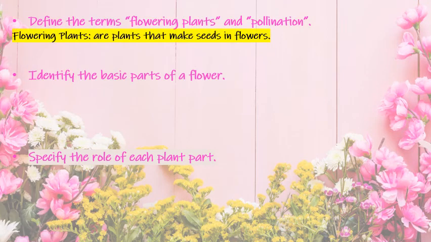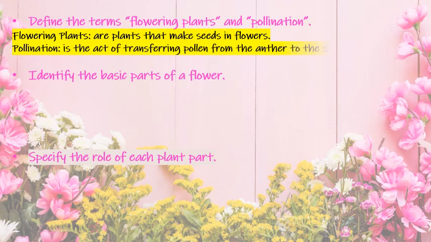So, flowering plants are plants that make seeds in flowers. What about pollination? Pollination comes from the word pollen. So, it's when the pollen flies or goes from the anther to the pistil or to the stigma. So pollination is when the pollen is taken from the anther to the stigma.